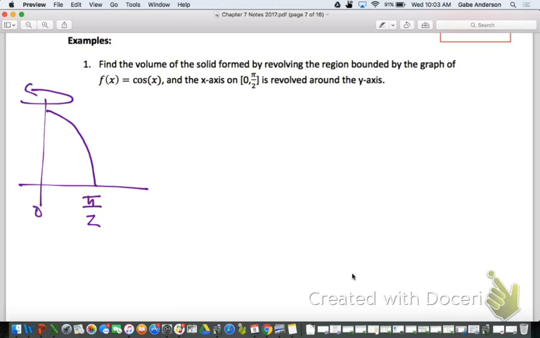Why do you say revolved around instead of just reflected? Yeah, that's a good question. I've got another little demo here. It's not going to make for a very good video, but when we say revolved around, what we want to think of is a region like this, with this being the y-axis.